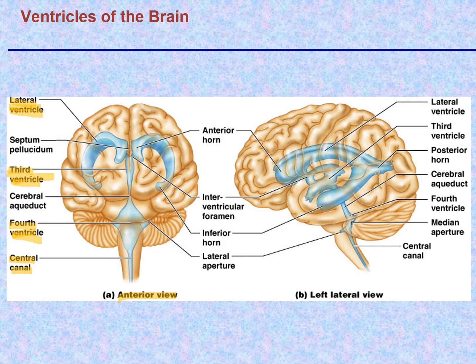When you take a lateral view, a side view, it's a little more difficult to envisage exactly where these are, but it's shown here. So yes, there are spaces in your brain, but most of it is a lot of neural tissue crammed into the skull.